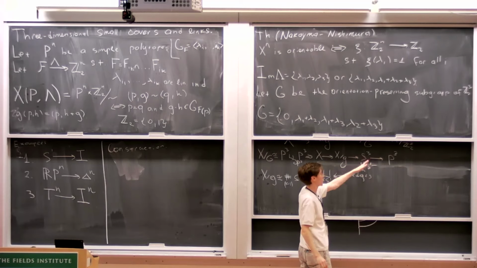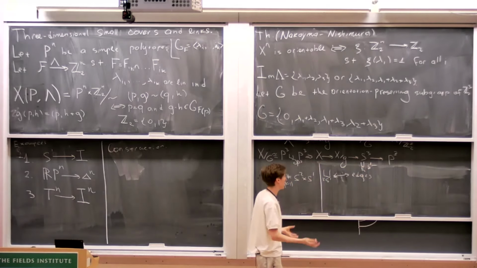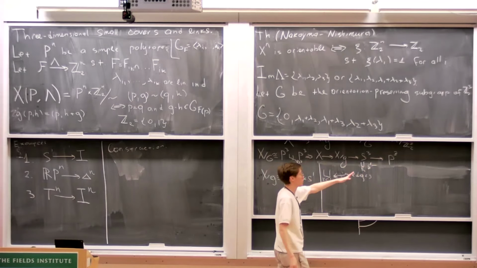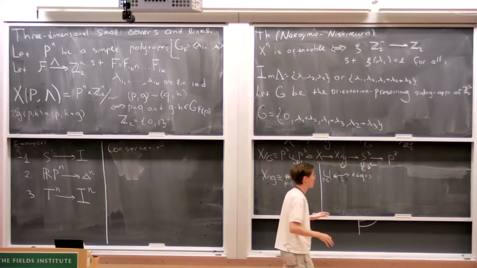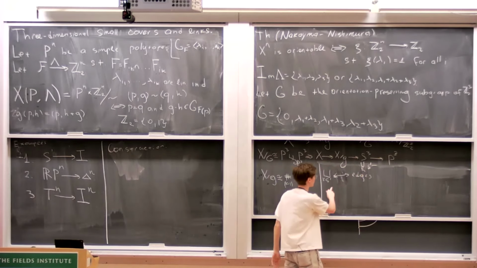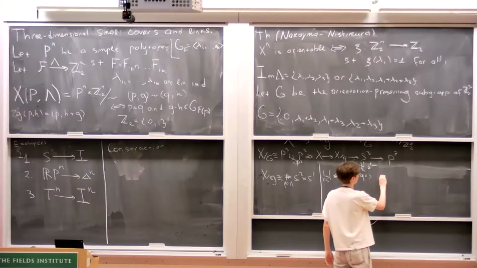Recall that this space is actually two copies of P3 glued along the boundary. So it makes sense to speak about edges of this space because they just live in the boundary of P3. So sometimes I will say that they're here, but sometimes that they correspond.